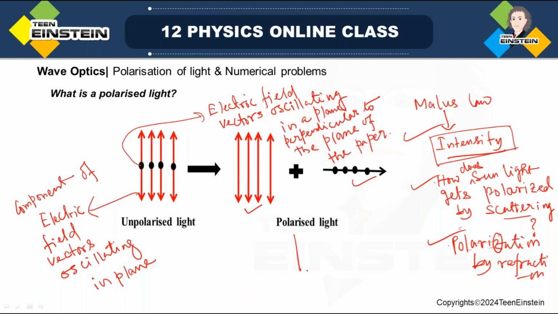If I just draw a two-dimensional figure, suppose this is y, this is x, this is z. Some electric field vectors will oscillate in the xy plane, and some will oscillate in the z direction, meaning they are oscillating out of plane.